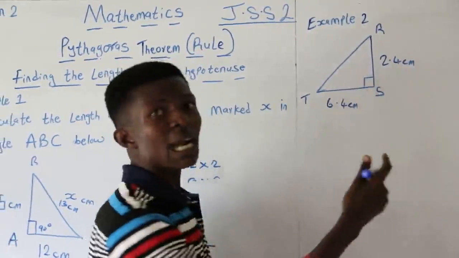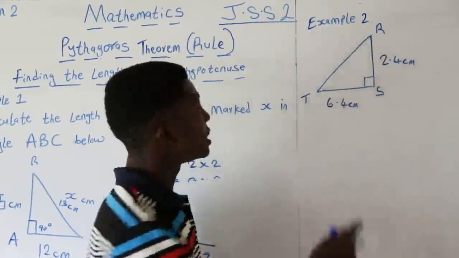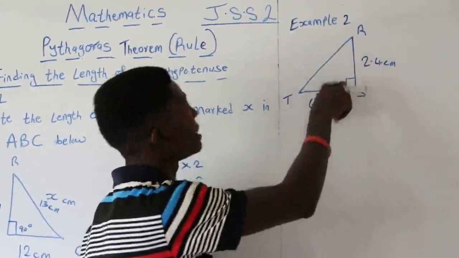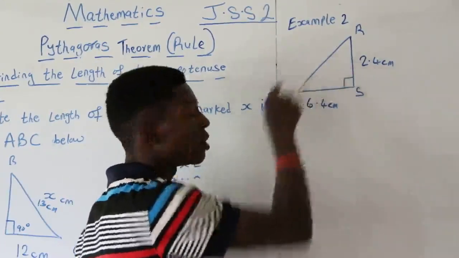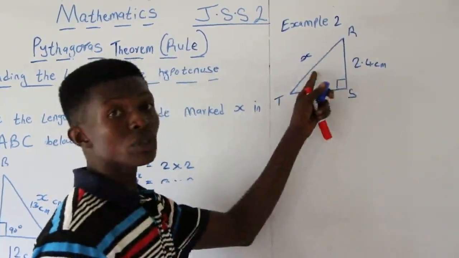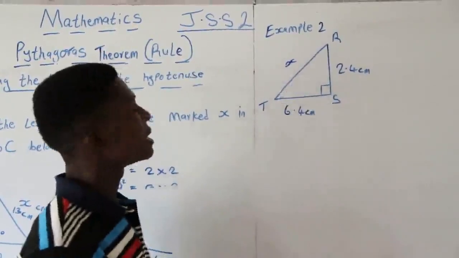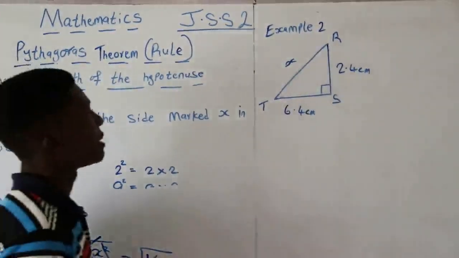The hypotenuse side is the longest side, and it is where the angle 90 is facing. Our angle 90 is facing the longest side, so we are looking for the hypotenuse. We are looking for the longest side. Now let's bring out the Pythagoras formula from this place.